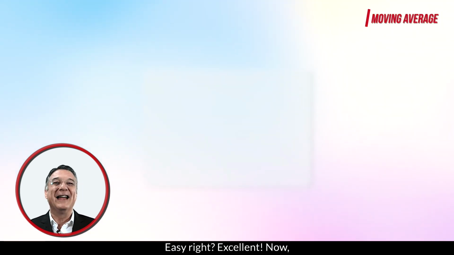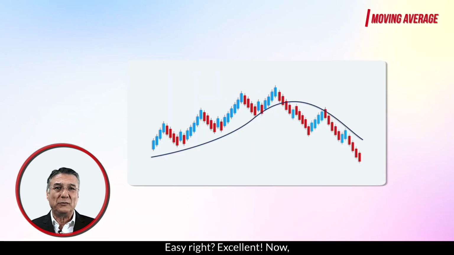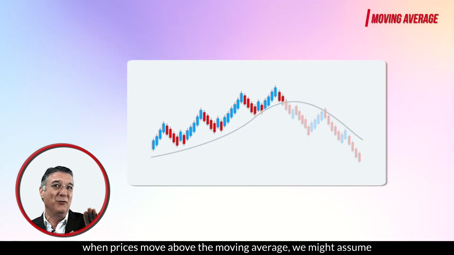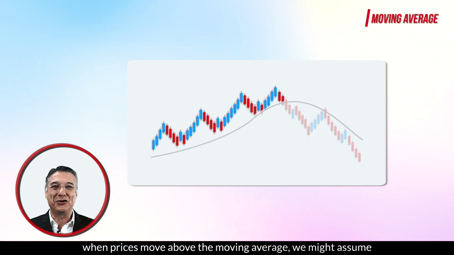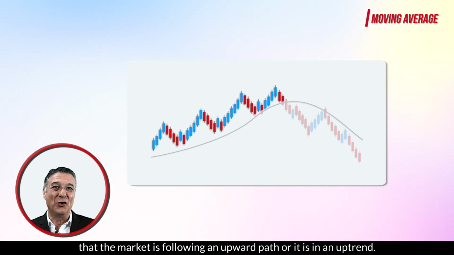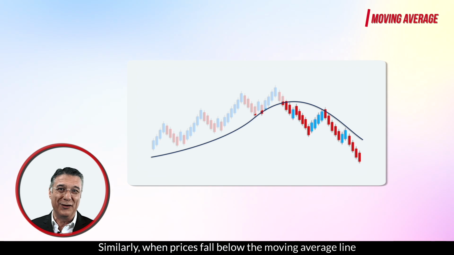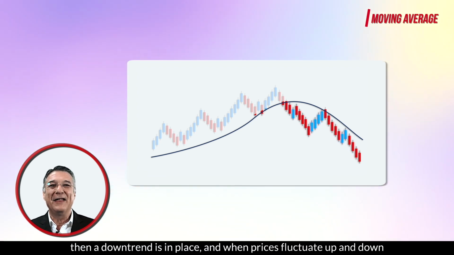Easy, right? Excellent. Now, when prices move above the moving average, we might assume that the market is following an upward path or it is in an uptrend. Similarly, when prices fall below the moving average line, then a downtrend is in place.